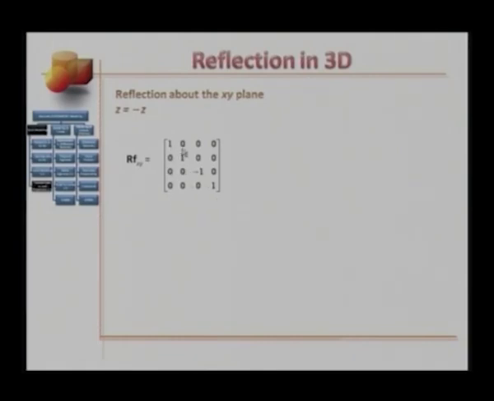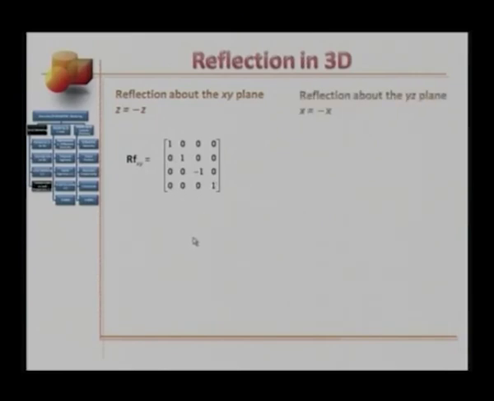Entries 1, 0, 0, 0, 0, 1, 0, 0, 0, 0, minus 1. Note the sign change in the z coordinate, and 0, 0, 0, 0, 1.